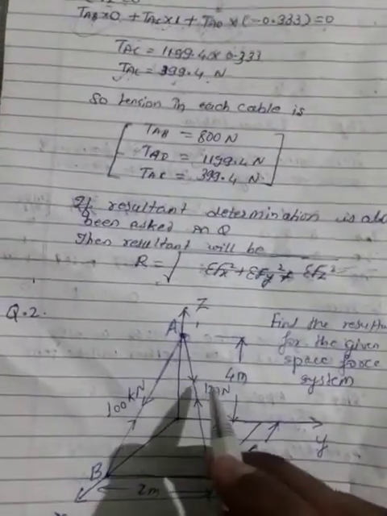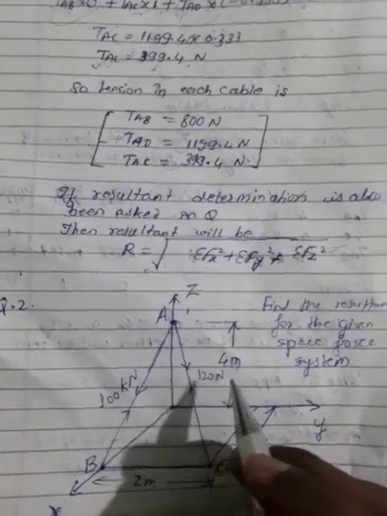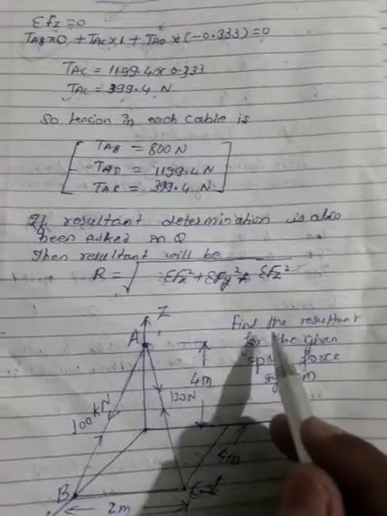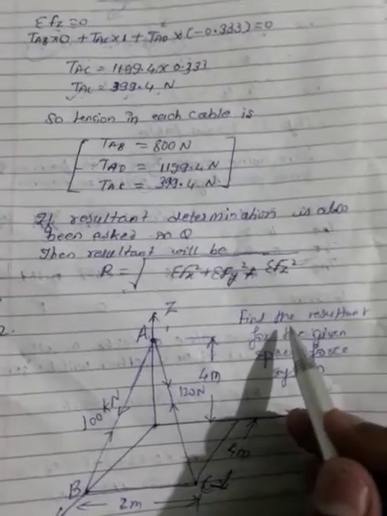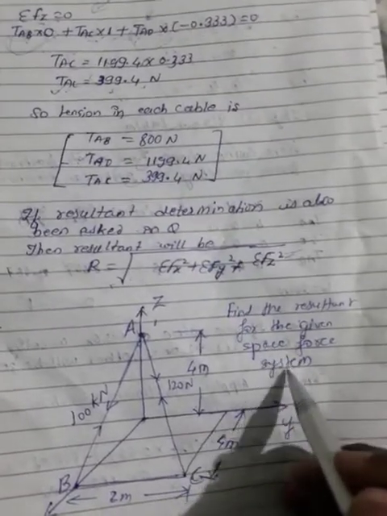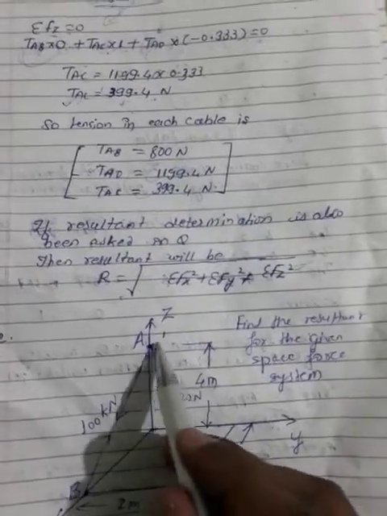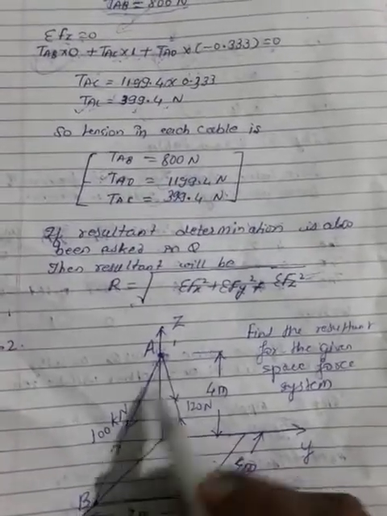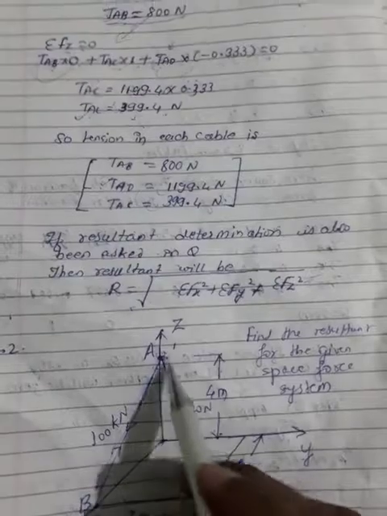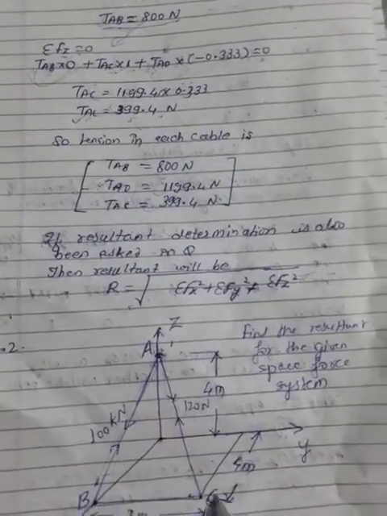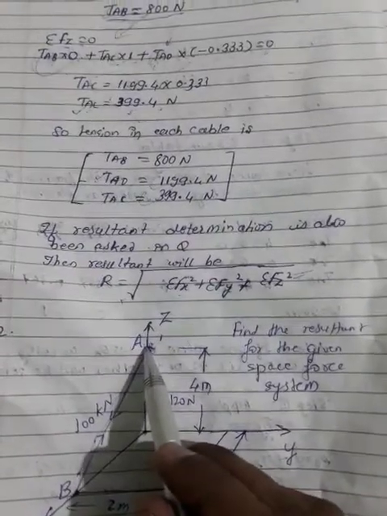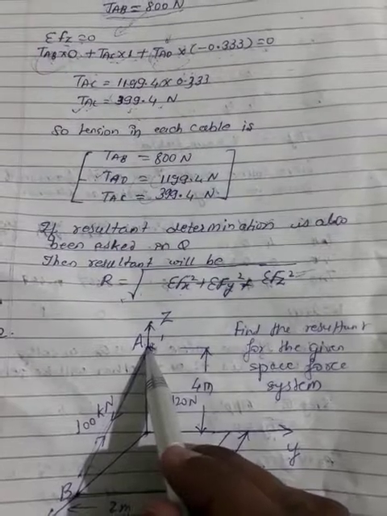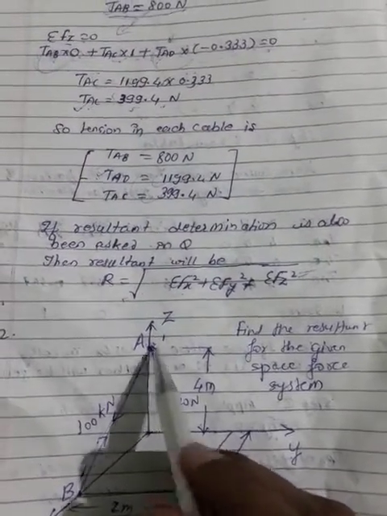Now we are going to discuss the second numerical on the Space Force system. In this numerical they have asked to find the resultant of the given Space Force system. If you see the numerical, the cables AB and AC pass through this point A, which means this is a concurrent Space Force system.